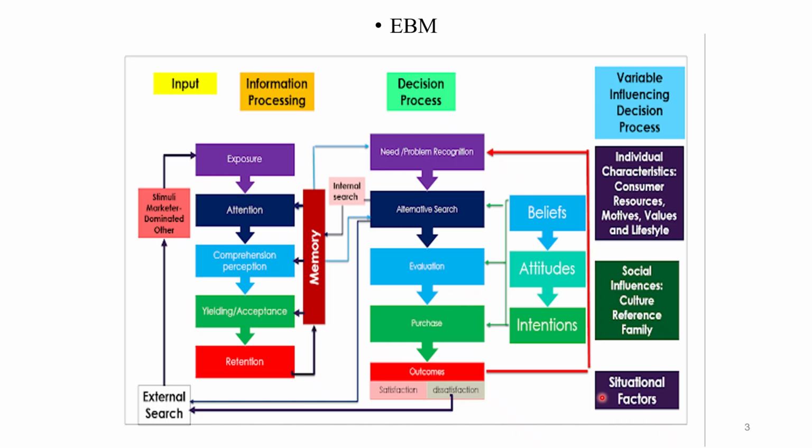So all these are the situational factors, whether there is a lot of demand for the product or whether there is very less demand for the product. All these are the situational factors. So this is the EKB model which has been explained in this diagram.